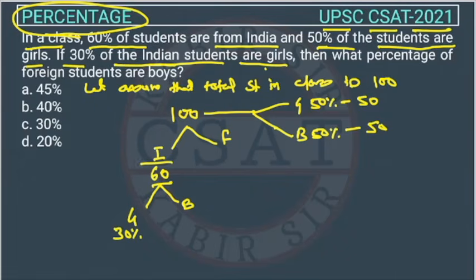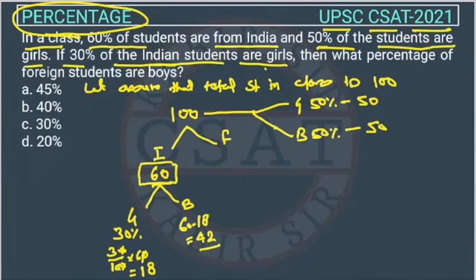Total Indian students are 60, so 30% of 60 will be 18, right? So 18 लड़कियां हैं क्लास में, तो बॉयज कितने हुए? Boys will be 60 minus 18. This will be 42, right? So 42 are boys and 18 are girls.